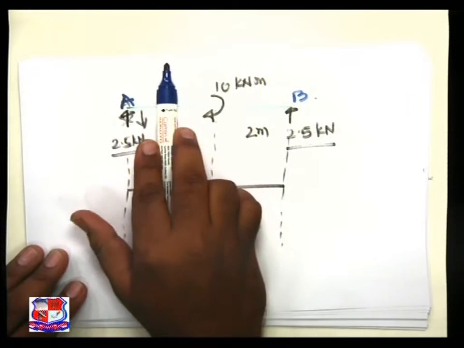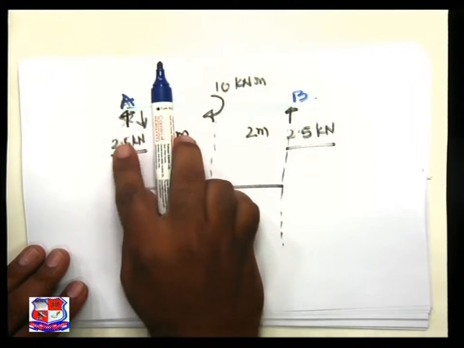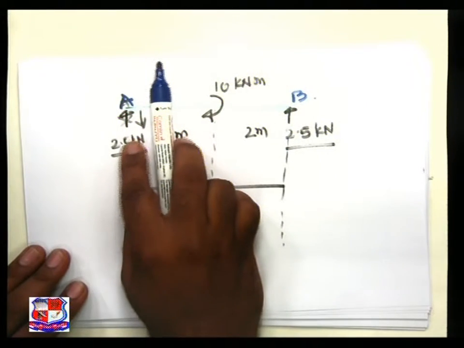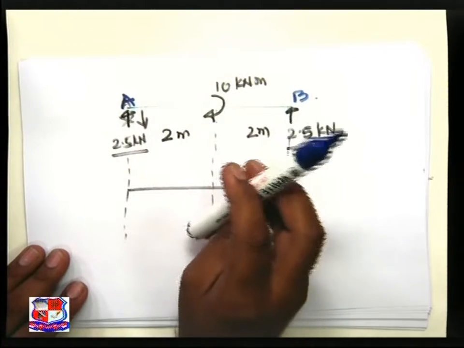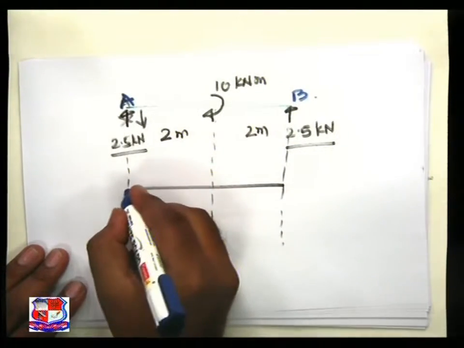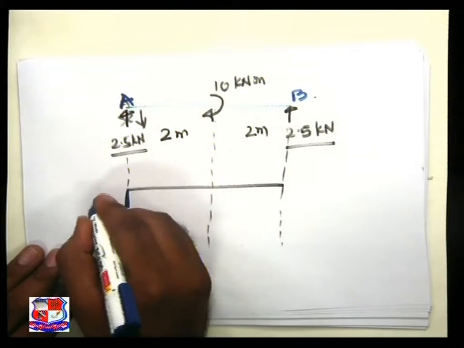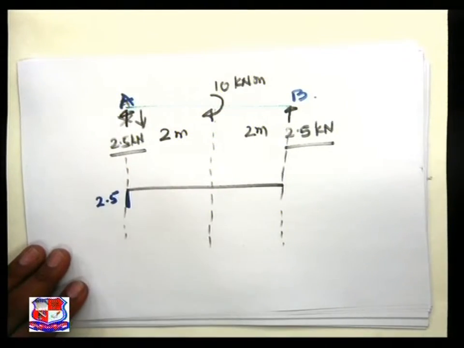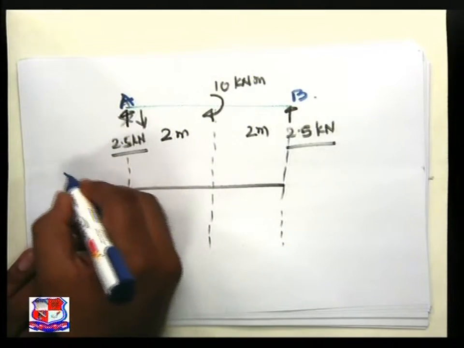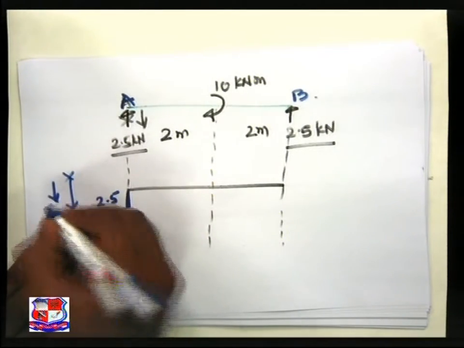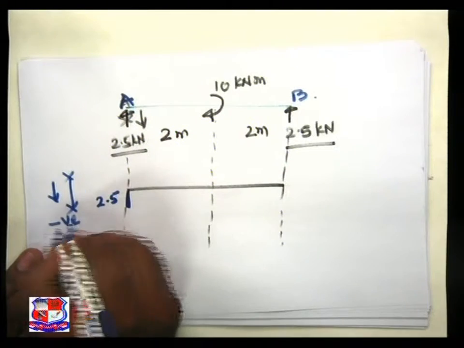So section left, down 2.5. Down means it is of minus sign, negative nature, 2.5. As per this sign convention, section left down is treated as negative.